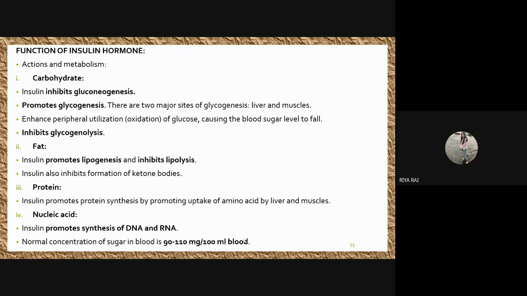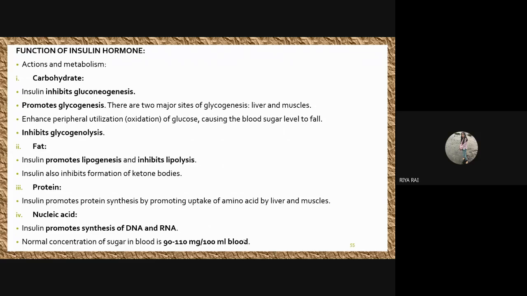Glycogenolysis is the term used for the breakdown of glycogen into glucose for the production of energy. Insulin helps in fat metabolism as it promotes lipogenesis and inhibits lipolysis. Lipogenesis is the process of lipid formation, while lipolysis is the breakdown of lipid. And insulin also inhibits the formation of ketone bodies.